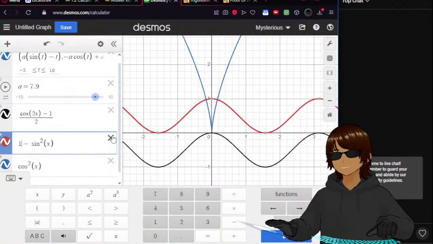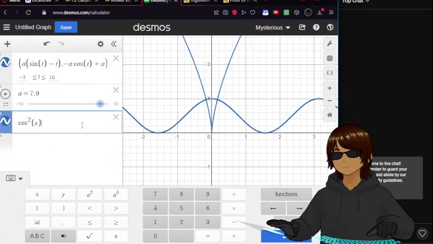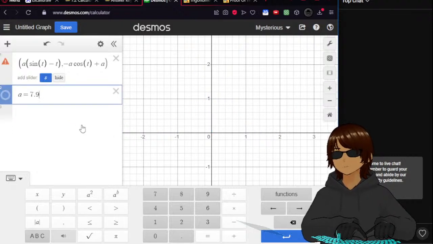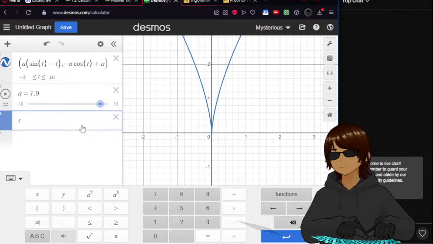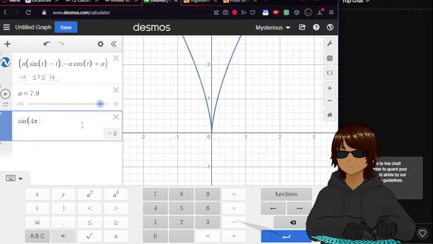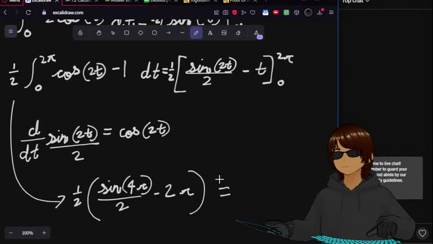What is sine 4 pi? That's also 0. So we are left with just pi.